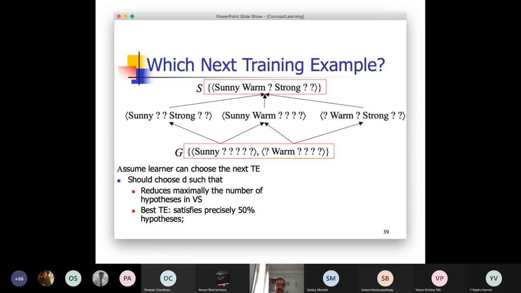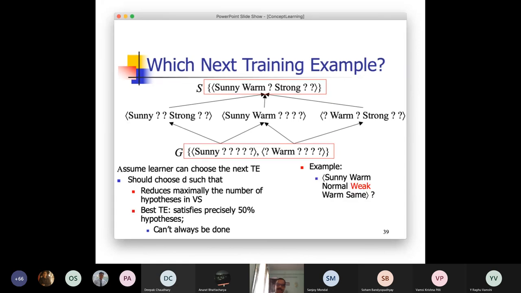Precisely, if you can prune 50% of the hypotheses with every training example, that is the best training example you can say. But it cannot always be done.